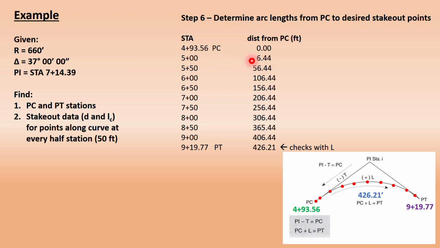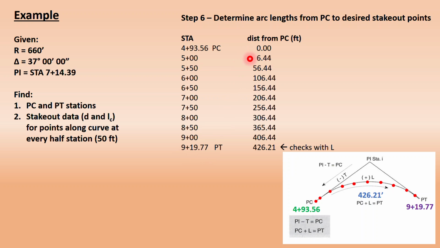And then we're going every half station, and we're going to have nice even stationing along the way. So 5 plus 50, 6 plus a pair, 6 plus 50, and so on, all the way up to 9 plus a pair, and that's our last whole even station before we end at the PT with a random 9 plus 19.77.